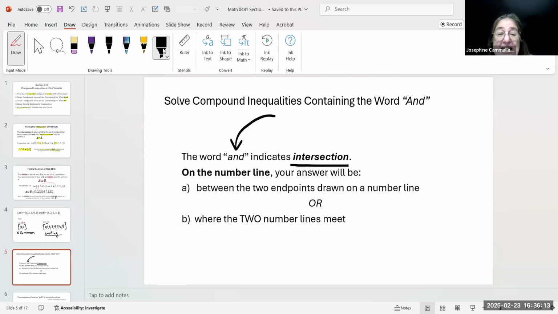But if you miss drawing the number line, especially with some of these problems, you may not get it correct. And your answer, this is the beautiful part with an and, it's between the two endpoints, or where the two lines meet.